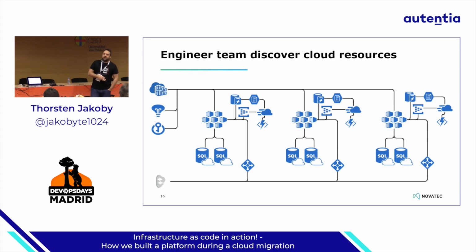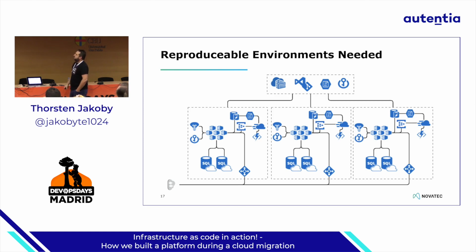And we remember the question of how to maintain all those things. This part stayed the same. Okay. That happened, and I found out we need to reproduce environments very quickly, because within the migration, the team started to create microservices, and there was not much knowledge about how to use a CDN or Azure Functions.